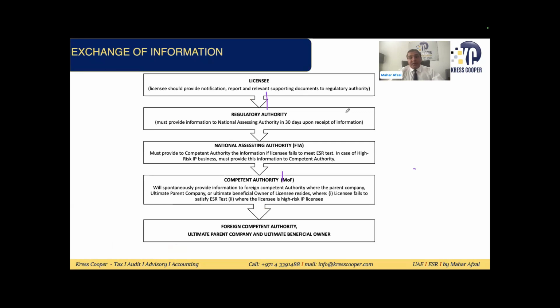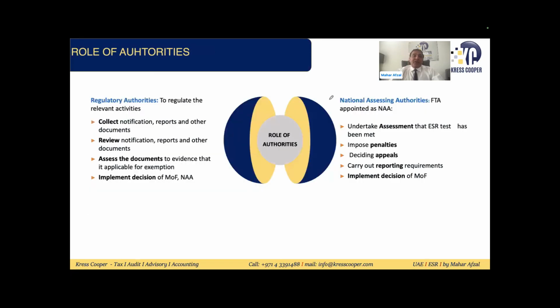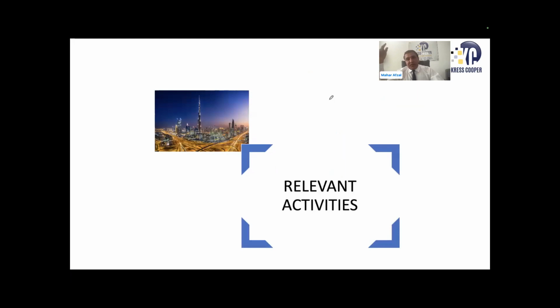There are around 36 regulatory authorities with whom the licensee coordinates and submits information to the respective authority. Then this information goes to the FTA, is given to the ministry, and is given to the foreign competent authority for exchange of information, because this is the requirement.